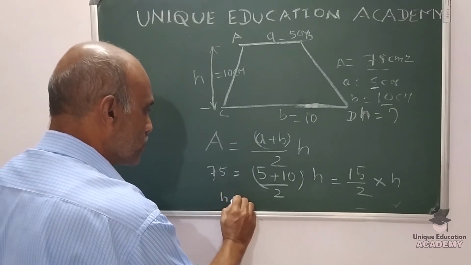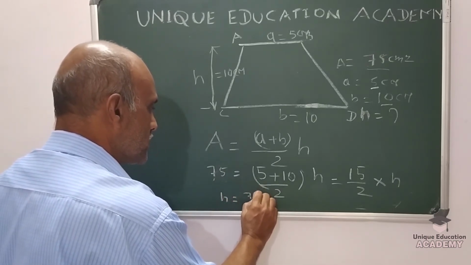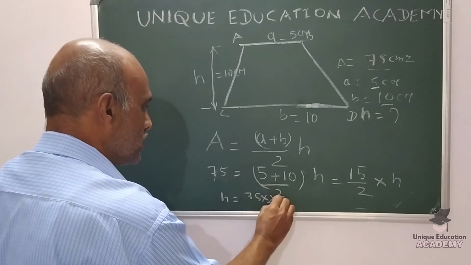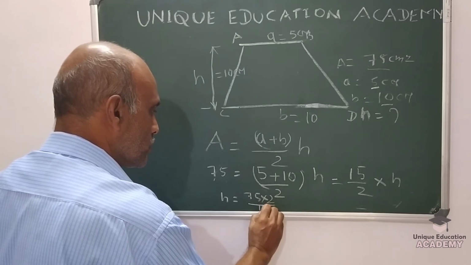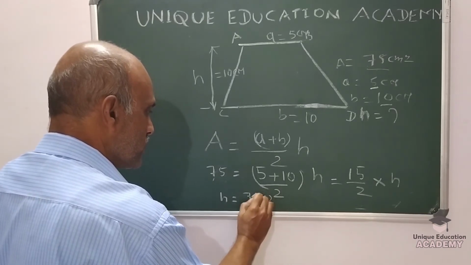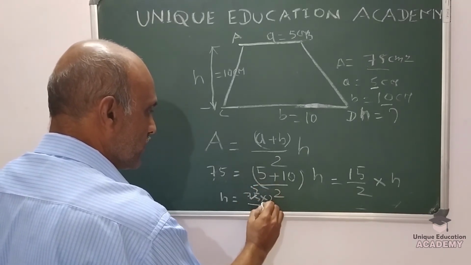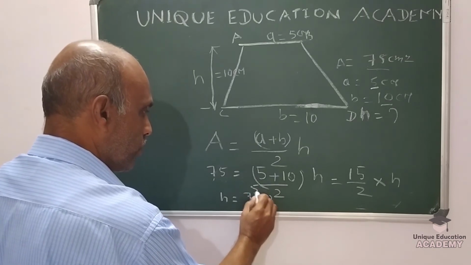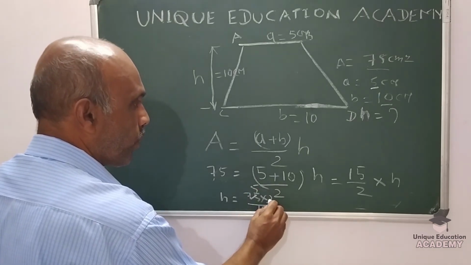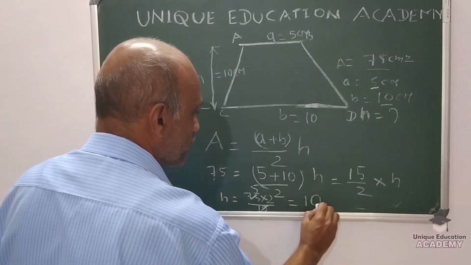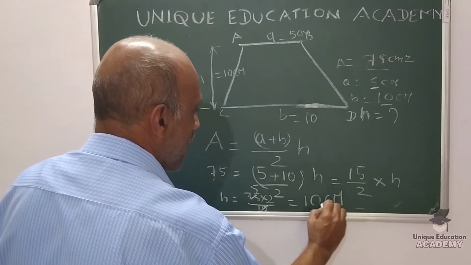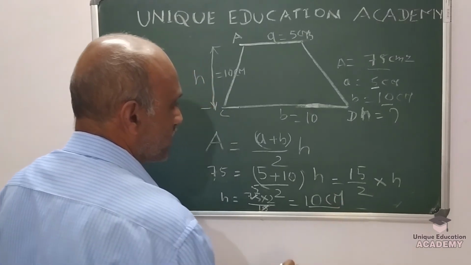So h will be equal to 75 into 2 divided by 15. So 15 5s are 75, here 5 into 2, that is equal to 10 centimeter. So this is the height of the trapezium.